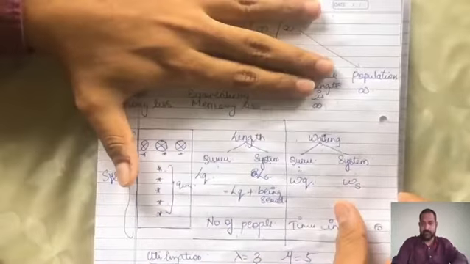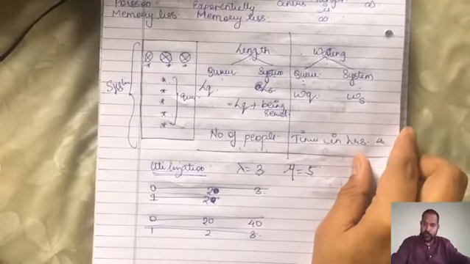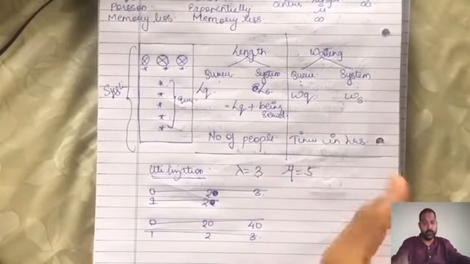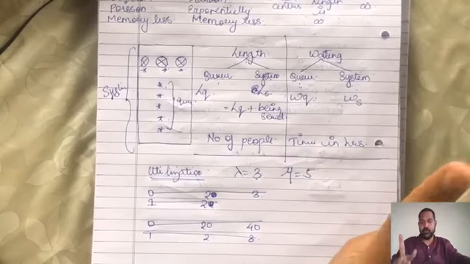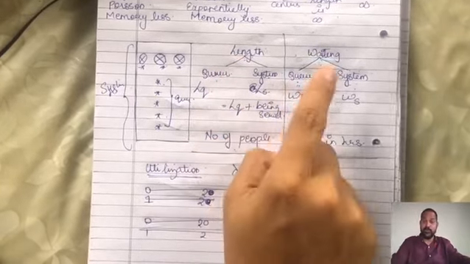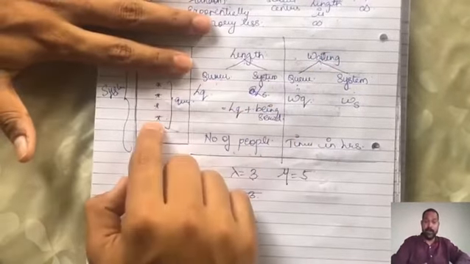Up until here, nobody is going to ask you anything. For me, what is important is from here. When you talk about a queuing system, what we want to learn or know about the queuing system is two things. Number one is the length, and the other is waiting. Length of the queue and length of the system, waiting in the queue and waiting in the system. Length of the queue means how many people are in queue.